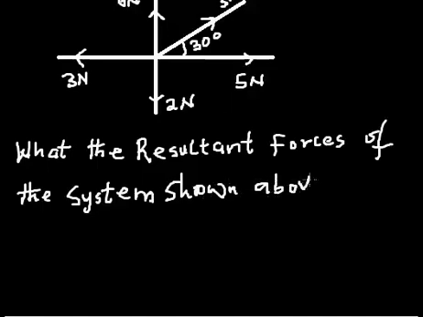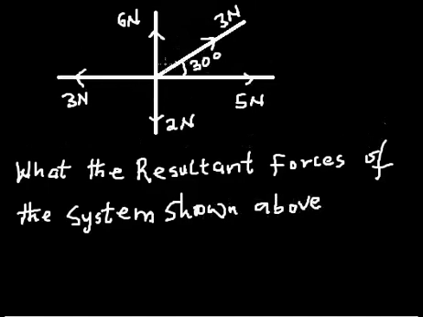As you can see here, this is a system of forces. If I count it, it is 1 2 3 4 5, 5 forces. Two of them are vertically represented, one upward, one downward.